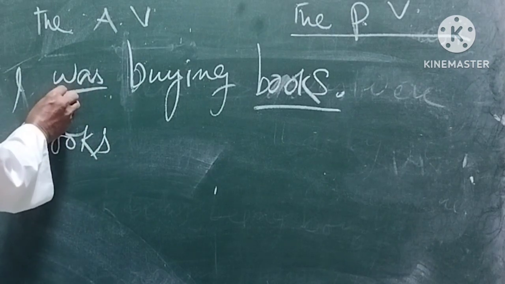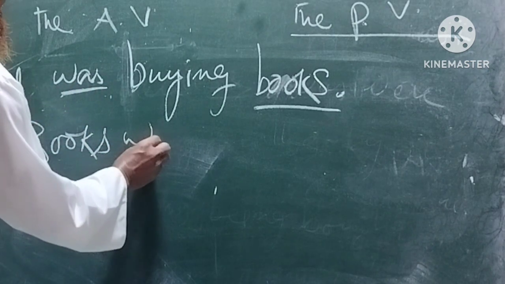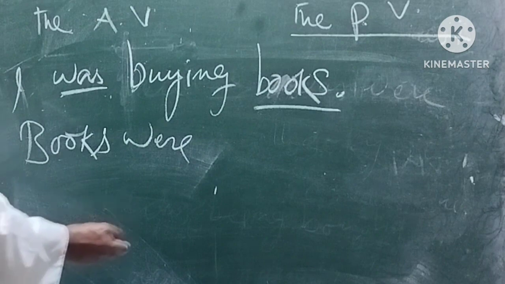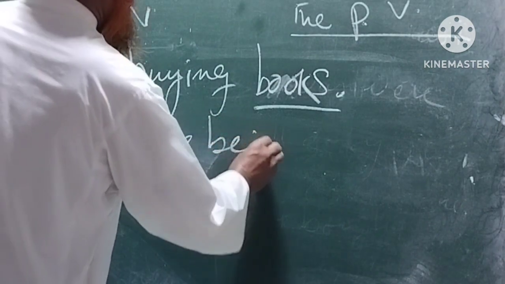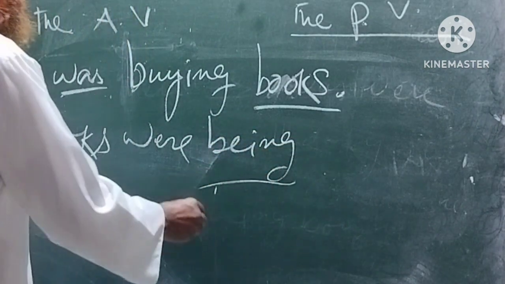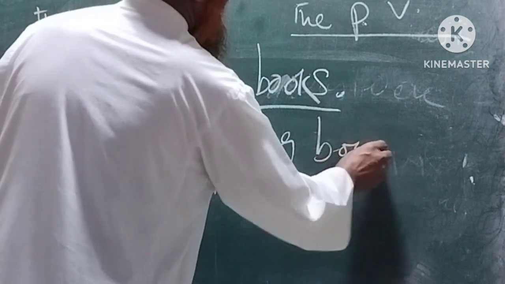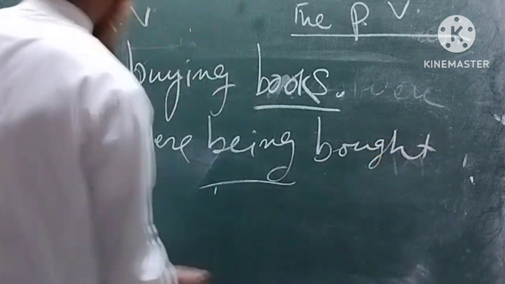That is why not was but were. Books were being for ing. Books were being bought by me.